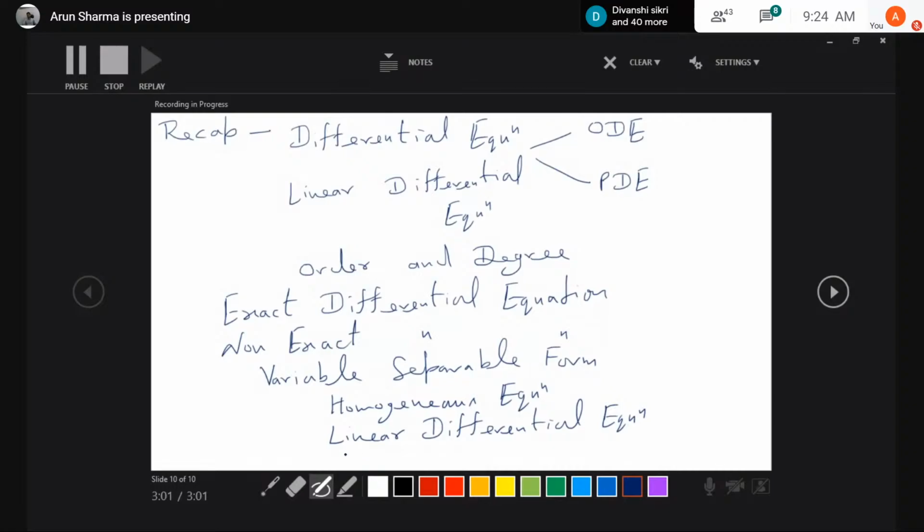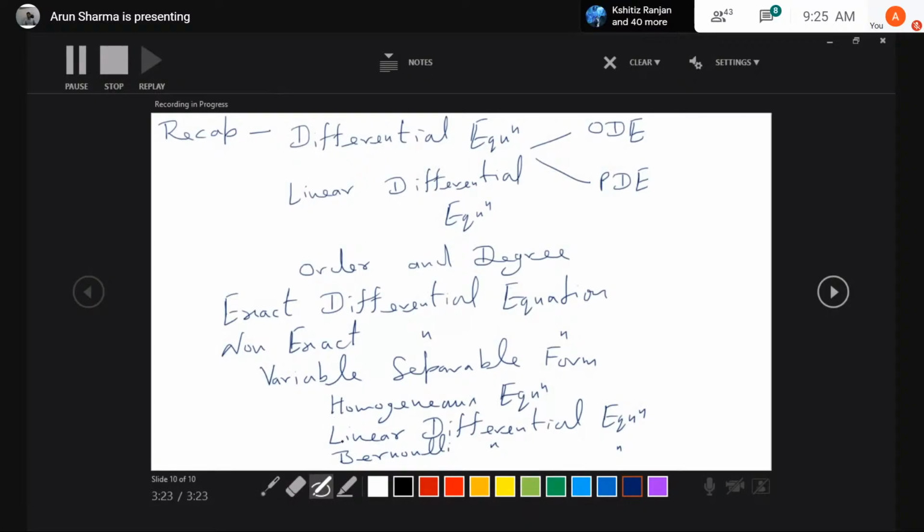And then I have taken Bernoulli differential equation. Bernoulli means we convert this Bernoulli equation into linear differential equation, and we know how to solve this linear differential equation.